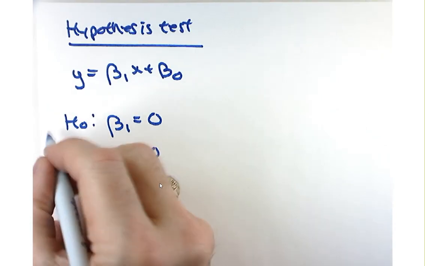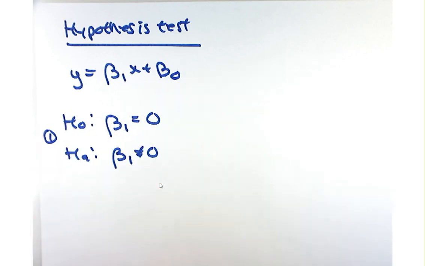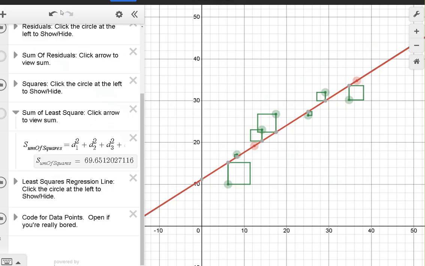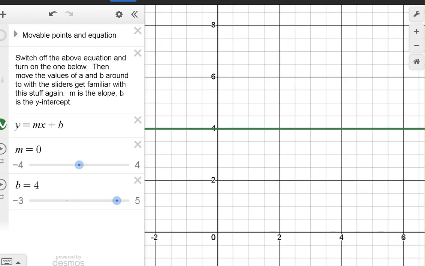Now, why are we worried about that? What does it tell us if the slope of the regression line is 0 versus it's not 0? Well, let's go back to our Desmos presentation that we started things out with. Let me remind you, there was something special about a line with a slope of 0.